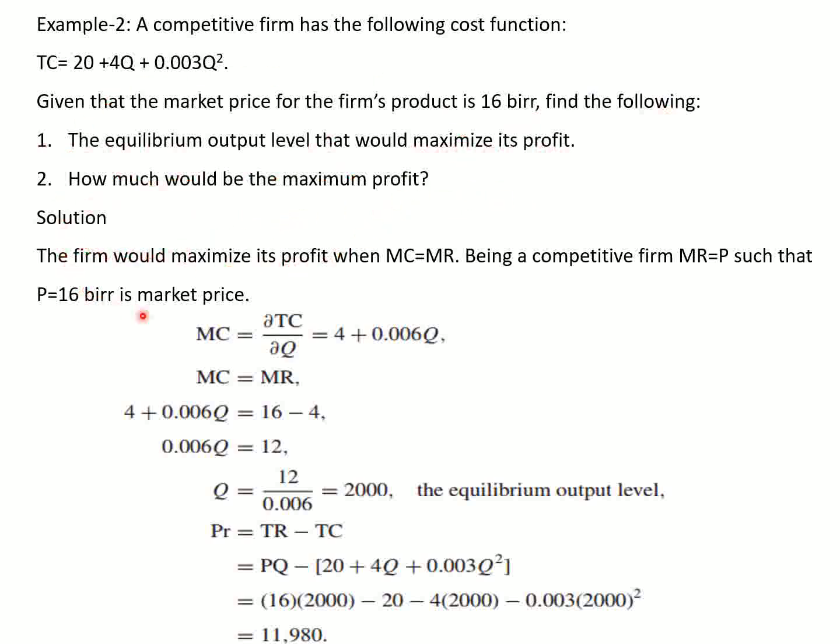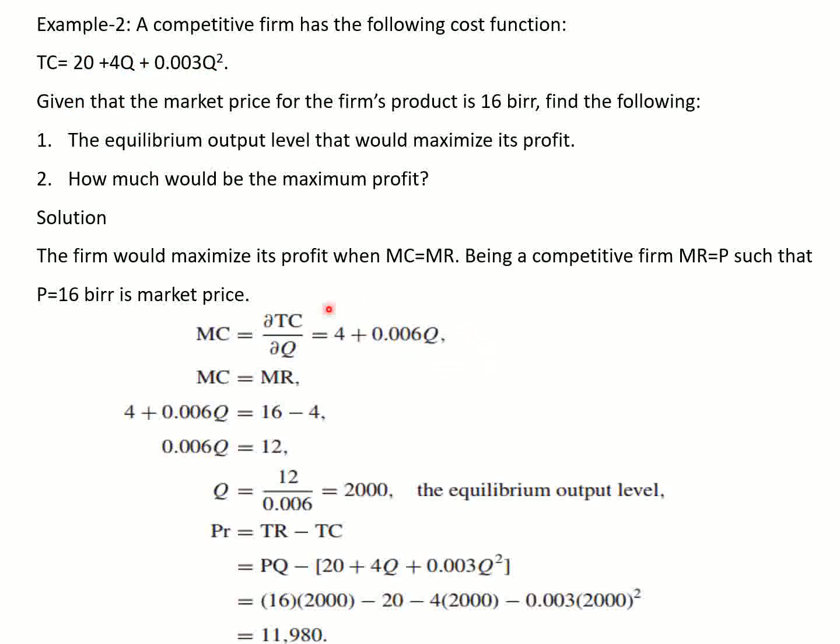Since this is a competitive market structure, a firm would maximize its profit when marginal cost equals marginal revenue. Being a competitive firm, marginal revenue equals price, such that it is equal to 16. To find the marginal cost, we have to differentiate this total cost function. When we differentiate, the constant is eliminated, and this will be 4 plus 2 times 0.003Q.